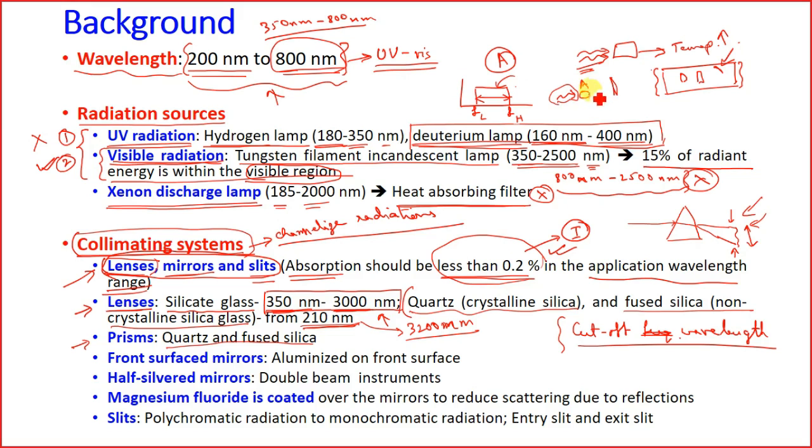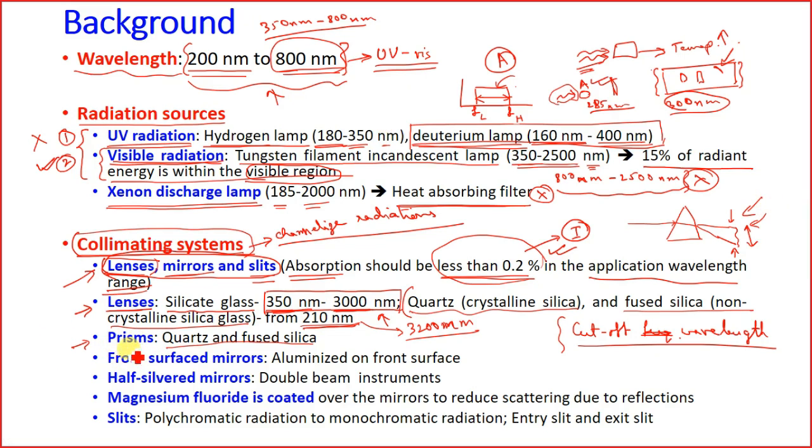So a molecule A may absorb a 285 nanometer wavelength in a greater manner, and it may allow 300 nanometer wavelength to pass through depending upon the chemistry of the molecule A. So when we are talking about UV visible spectrophotometry, we need to understand how each of the wavelengths interacts with your sample. That is the important thing.